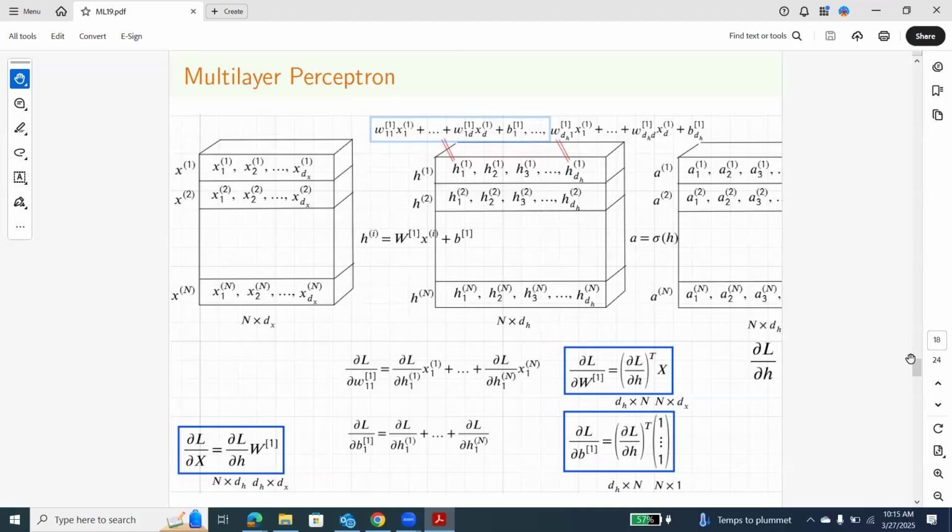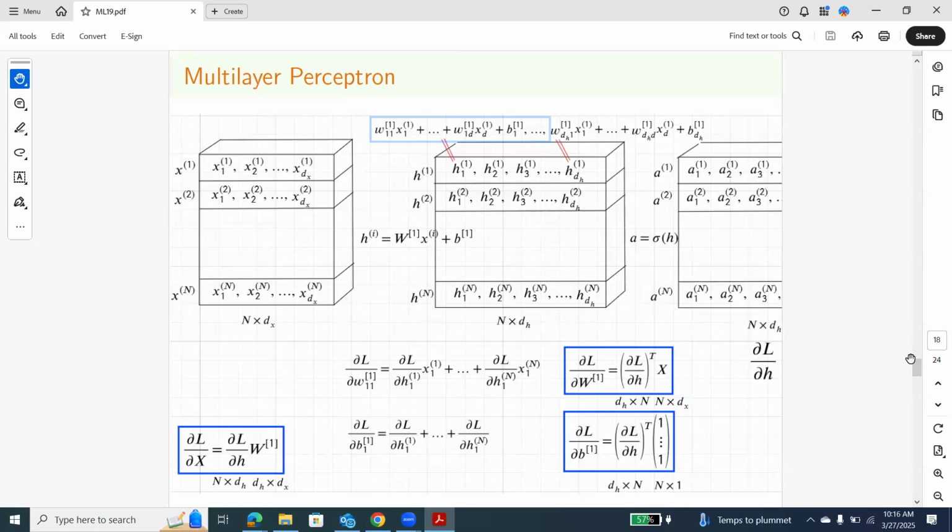The bias term is here, and the derivative with respect to B will be just 1. So it will be the same expression, but multiplied by the vector of 1s.